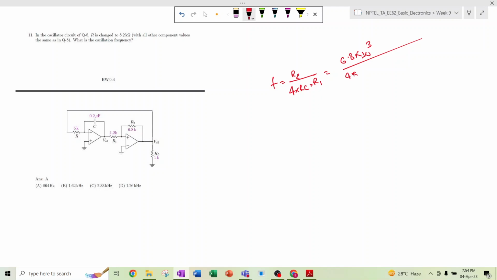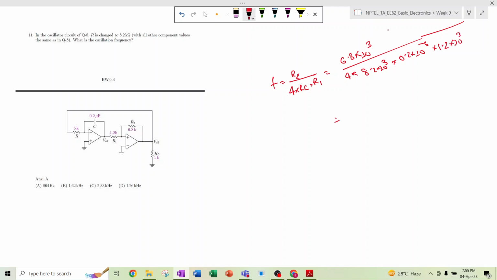R is changed to 8.2 kilo ohm, right? And C is 0.2 into 10 to the power minus 6. And then RC into R1. What is the value of R1? It is 1.2.